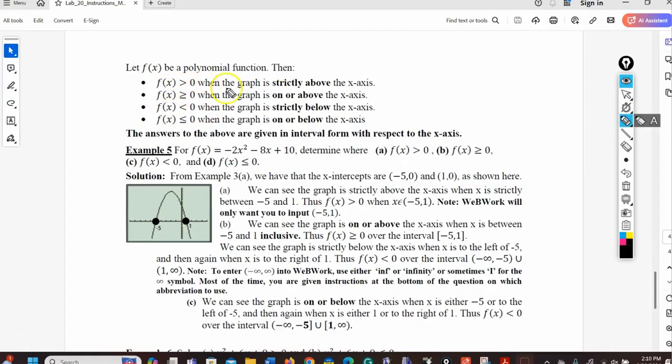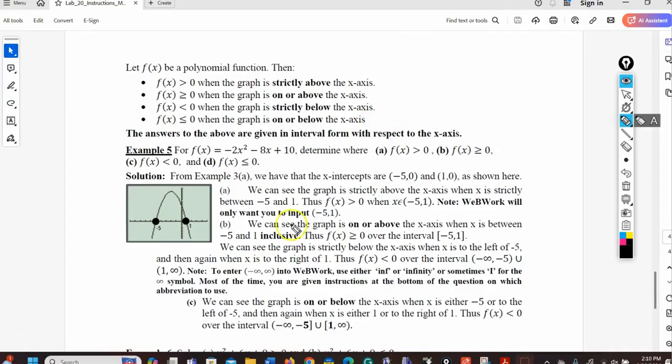If it's strictly greater than 0, then it means where is it above the x-axis. If it's greater than or equal to 0, then where is it on or above the x-axis. If it's strictly less than 0, then where is it below the x-axis? And when it's less than or equal to 0, where is it on or below? And you will give your answer in interval form.